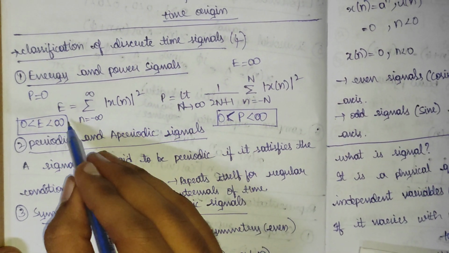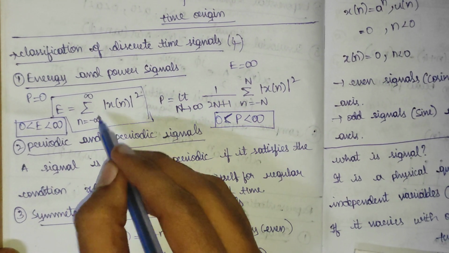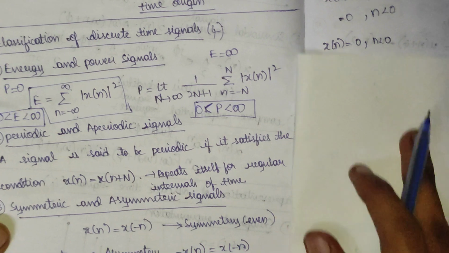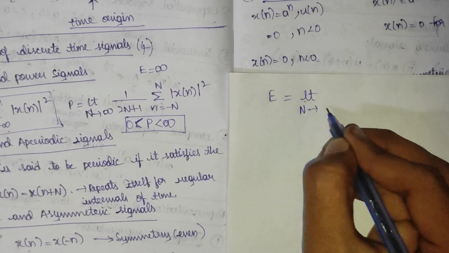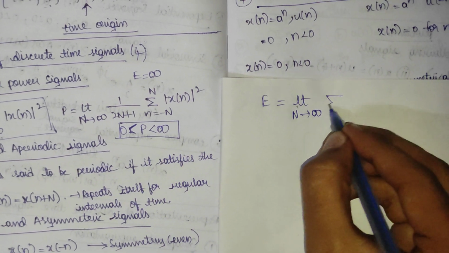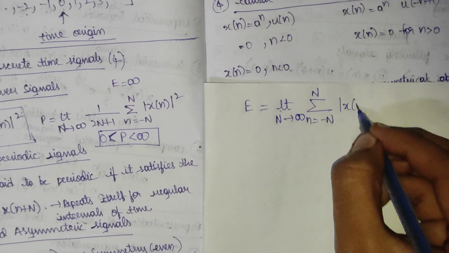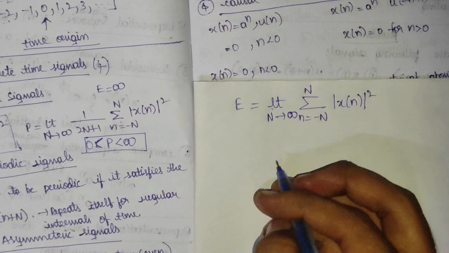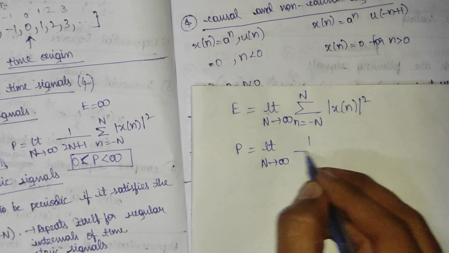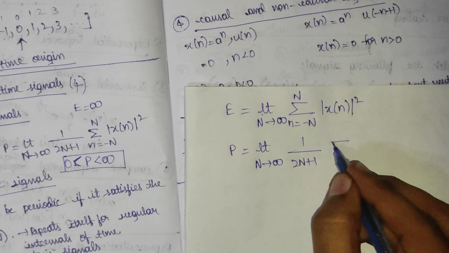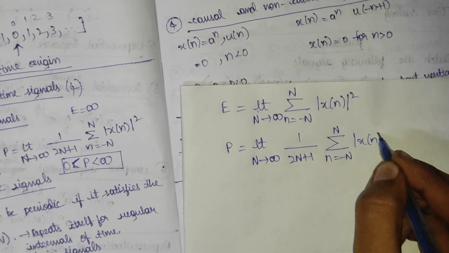In both of these we have basic formulas, that is E equals the sum from n equals minus infinity to infinity of |x(n)|². It can also be written as E equals the limit as N tends to infinity of the sum from n equals minus N to N of |x(n)|², and power is given by the limit as N tends to infinity of 1 by (2N plus 1) times the summation from n equals minus N to N of |x(n)|².